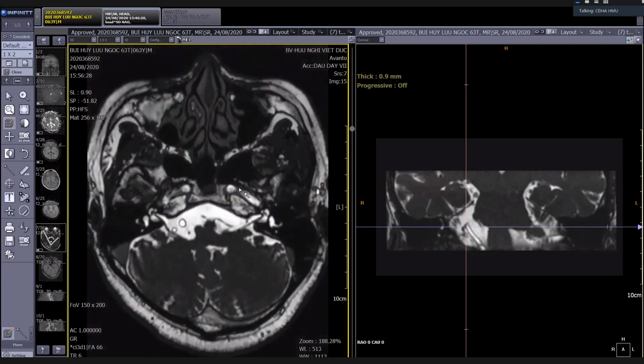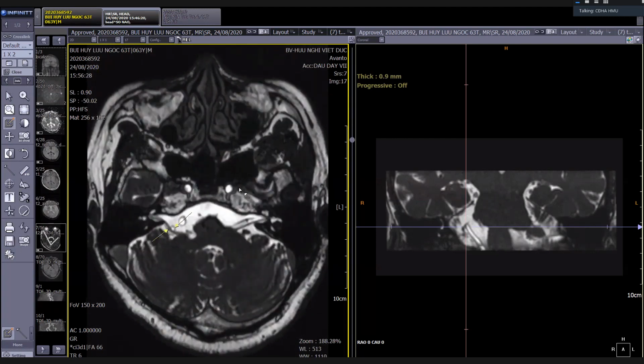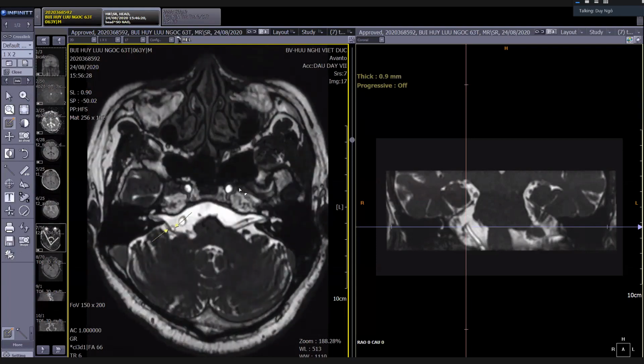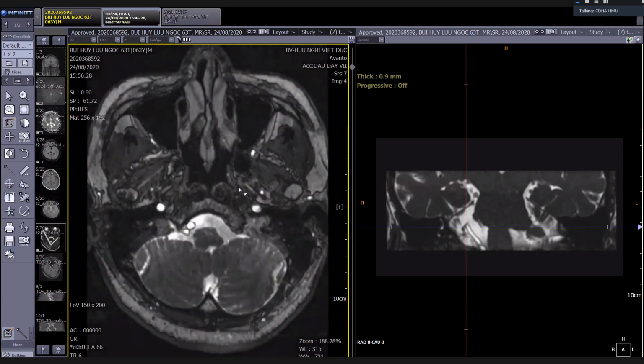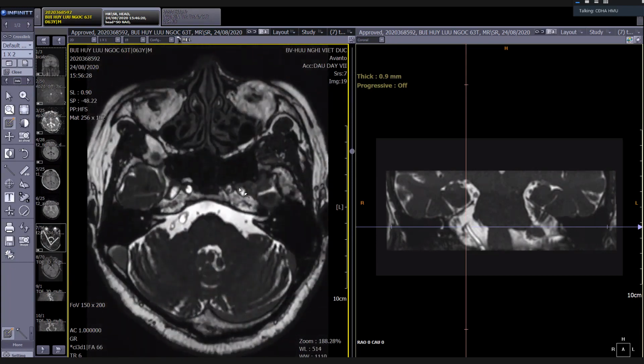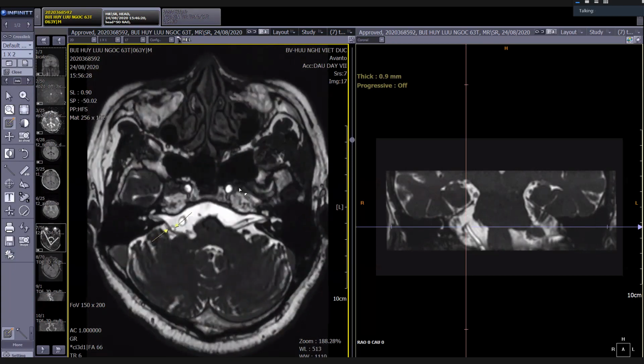Okay, so we can see that the left and the right vertebral arteries come from the same side, right? Same side. Okay, deviation. And the right vertebral artery is compressing the facial nerve, the ipsilateral.